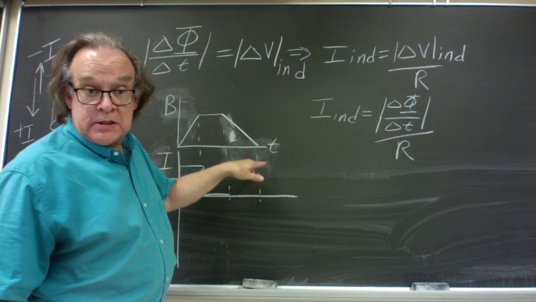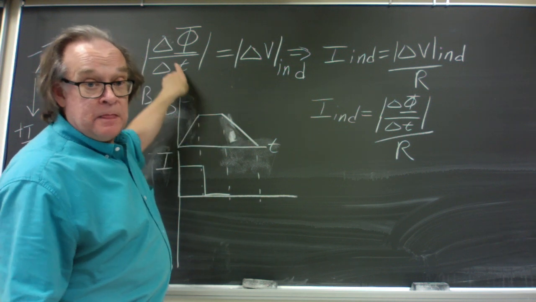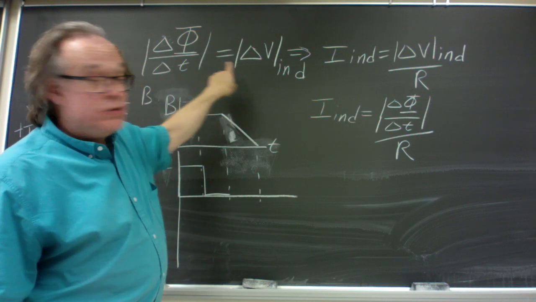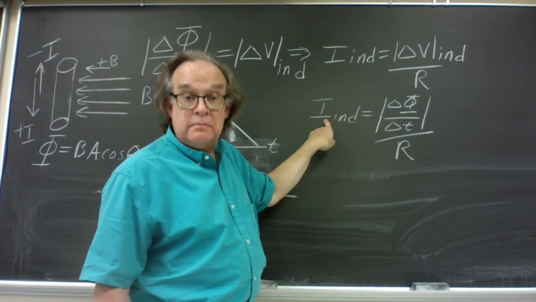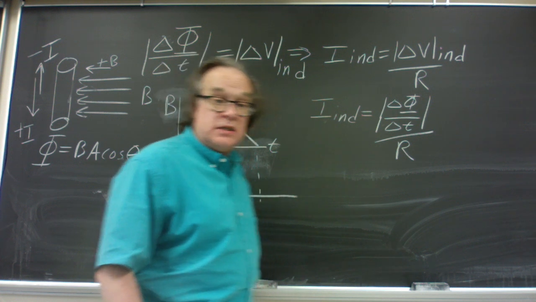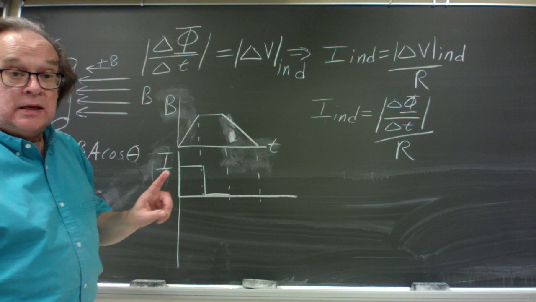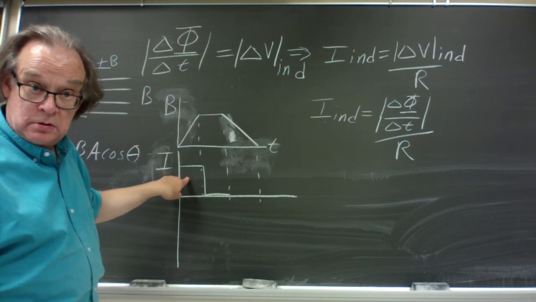Slope is constant, so the rate of change of magnetic field is constant, which means the rate of change of flux is constant, which means the induced current is constant. So constant and negative, but in this case, it's smaller current than it was here.